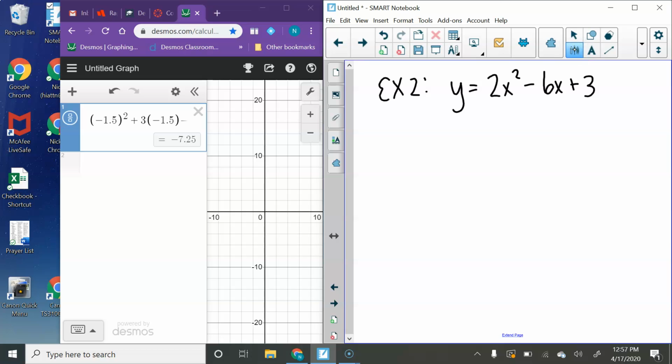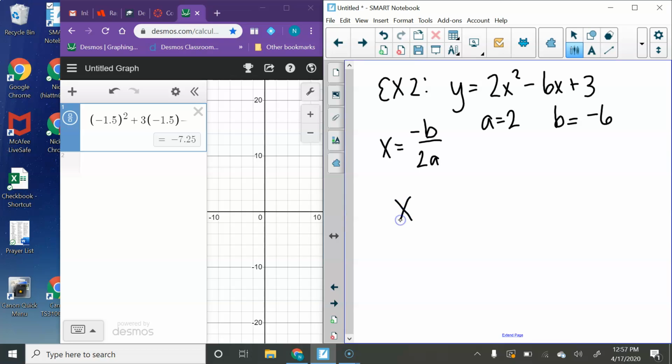So axis of symmetry always comes first, and that is our x equals negative b over 2a. And in this case, our a is 2, and our b is going to be negative 6. Make sure you keep that negative with that 6.